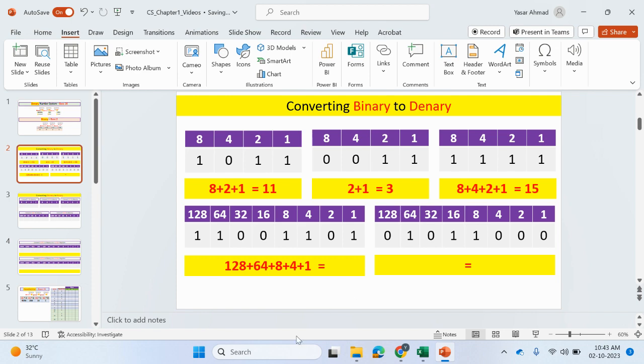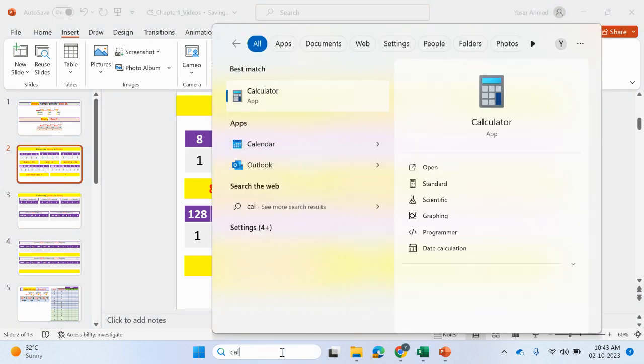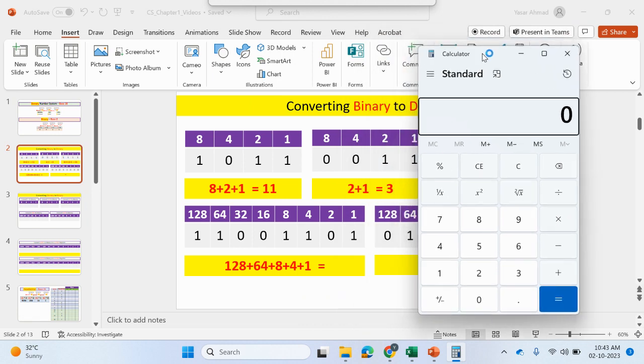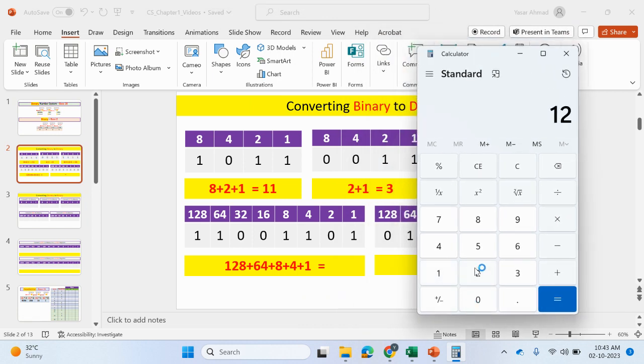If you want, you can use a calculator to save a bit of time. Obviously in exams, you're going to be doing this in your heads, but let's just use a calculator for now. So 128 plus 64 plus 8 plus 4 plus 1 equals 205.